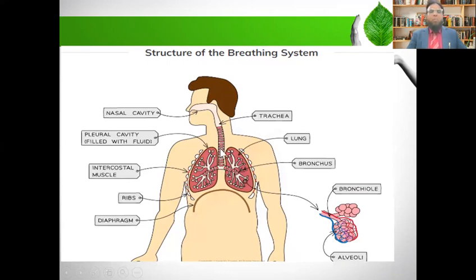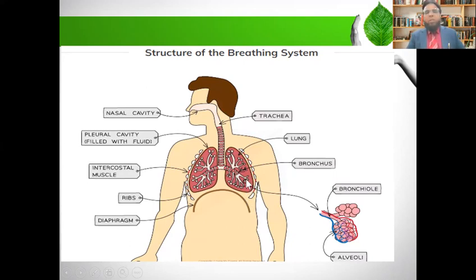This trachea bifurcates into two when it enters the lungs. This is called a bronchus, and the pair is called bronchi. Each bronchus splits into bronchioles, and from each bronchiole there is an attachment of alveoli.